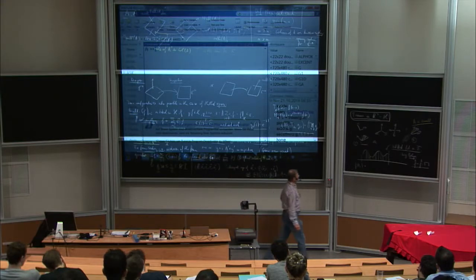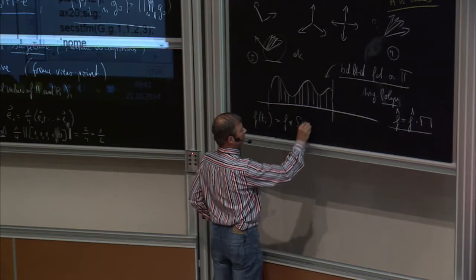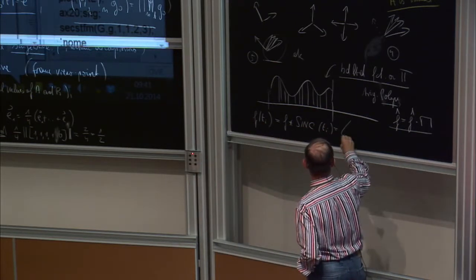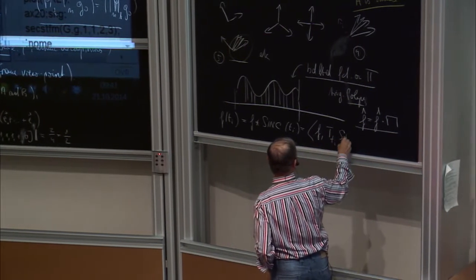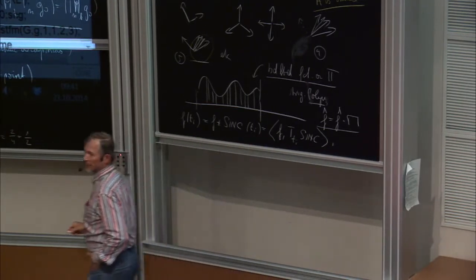Now, what we have to do here is write it as sinc functions at t_i, and because the sinc function is a scalar product, I can say this is a shifted version of the sinc function correlated with f.